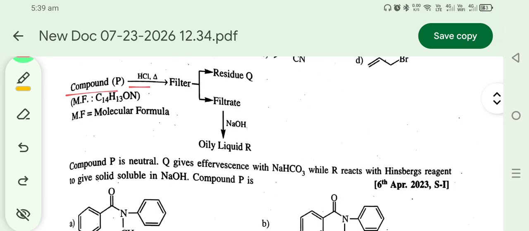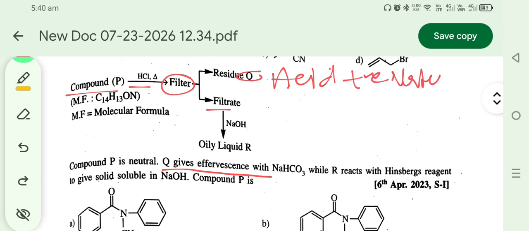Compound P with HCl gives filtrated product Q and filtrate. Q gives effervescence with NaHCO3, which indicates this is an acid. The filtrate with NaOH gives oily liquid R. The R reacts with the Hinsberg reagent to give a solid soluble in NaOH.